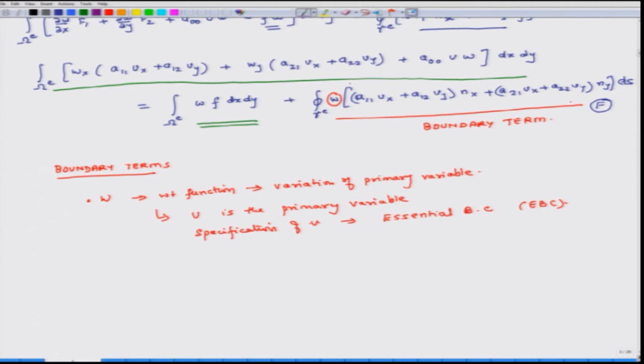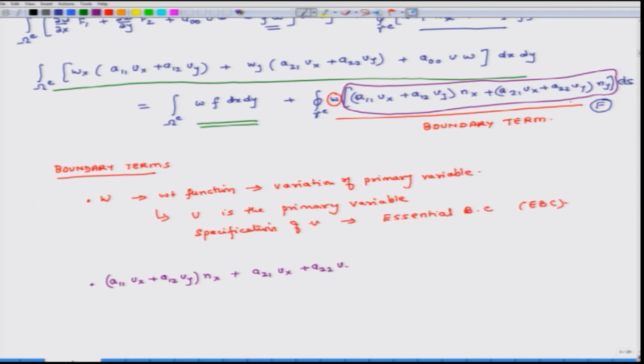The other part in the boundary condition is this thing. So, this is (A11 Ux plus A12 Uy) Nx plus (A21 Ux plus A22 Uy) Ny. Okay. This I can abbreviate as Qn.